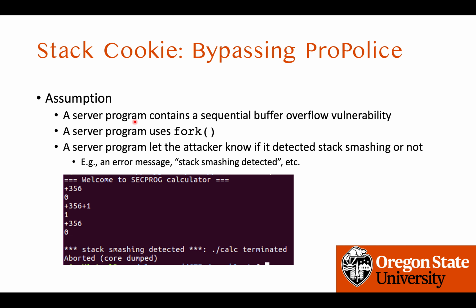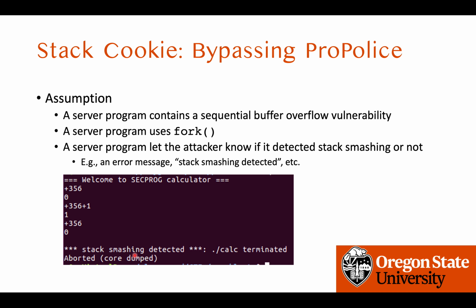First, a server contains a sequential buffer overflow vulnerability, and you cannot jump across the index as we do in stack cookie 4. The second assumption is that the server uses fork to serve a client. And the third assumption is that the program lets the attacker know whether it detected the stack smashing or not.